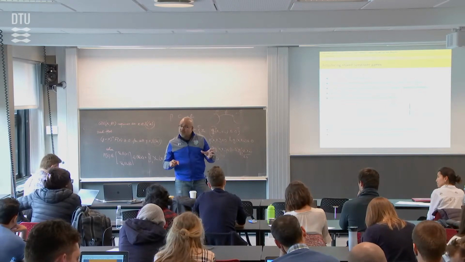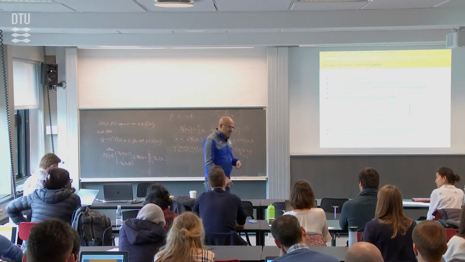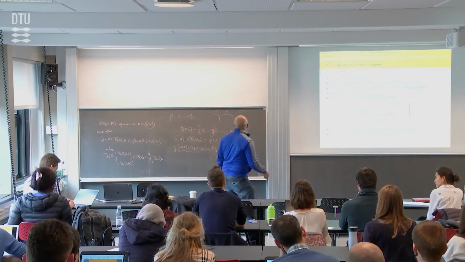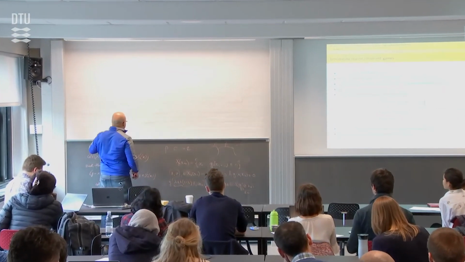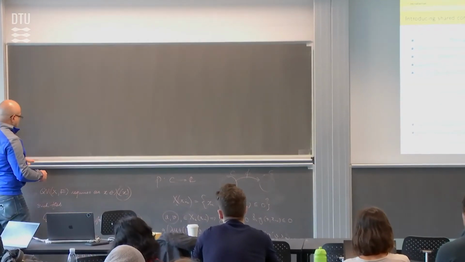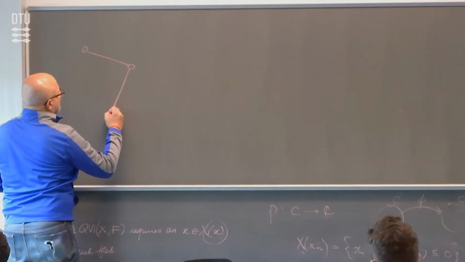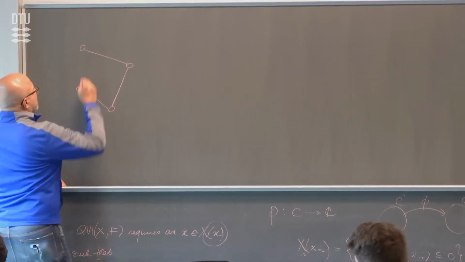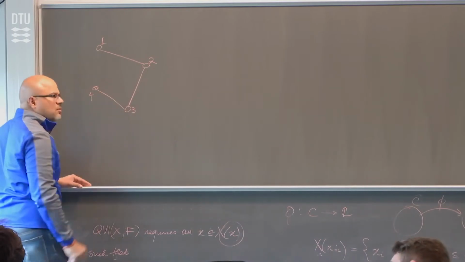But here I'm asking you, if you only have generation resources, so if you have a firm, suppose you have a network like this. Okay, this is 1, 2, 3, 4.